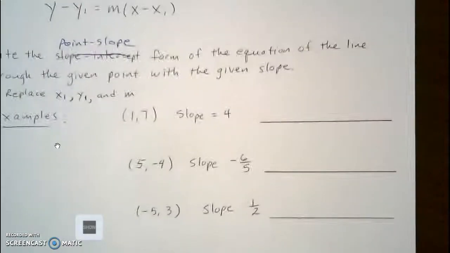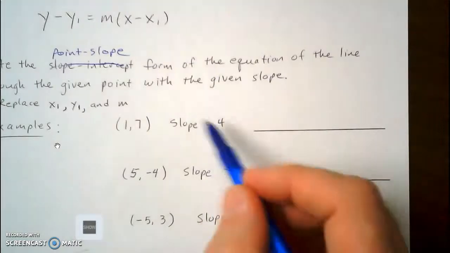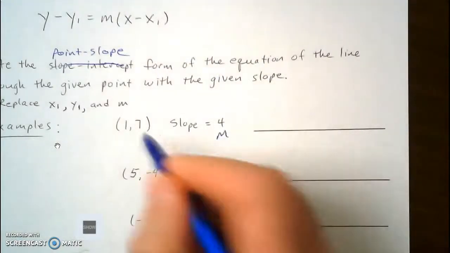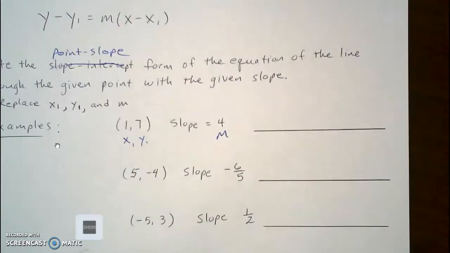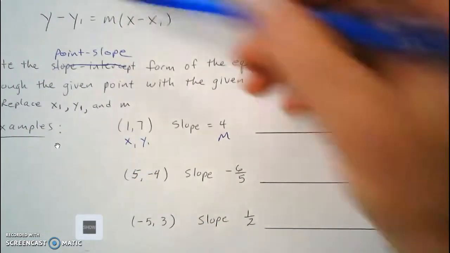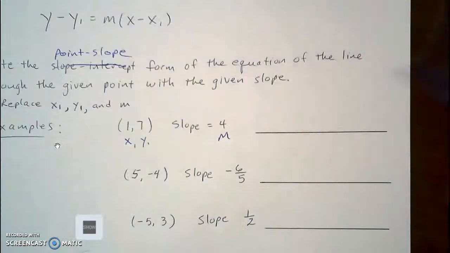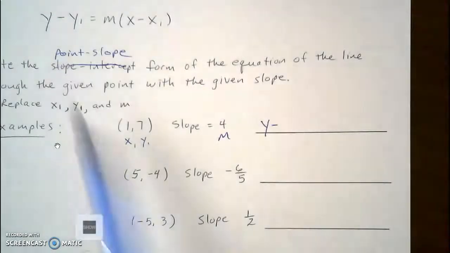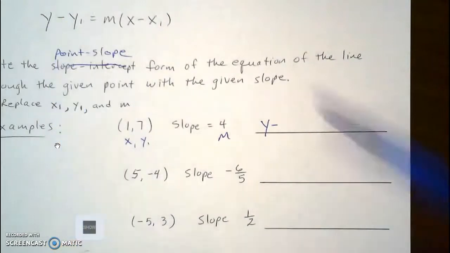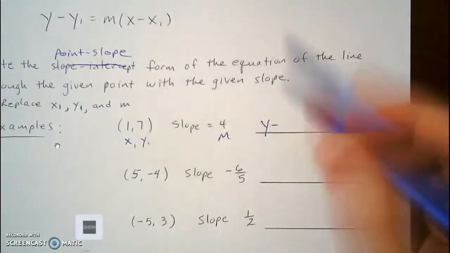All right, so here's what it is. We have m, we have x, we have y. That's actually x1, y1. Then we go up here to our formula, replace what we're going to replace. We're going to go y minus, where'd the minus come from? Came from the formula. y1 is the 7.